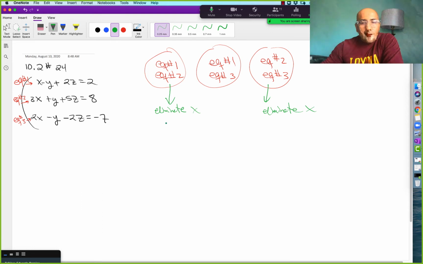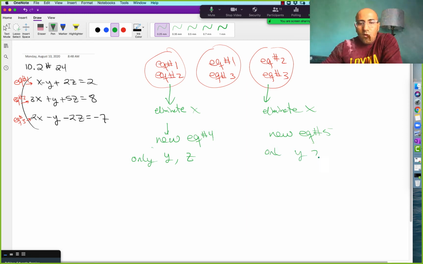If we do that, we'll get a new equation that doesn't have any x's in it, right, from these two. And then the new equation, call it number 4, will only have y's and z's. And same thing over here, if I take these two equations and eliminate the x, I'll have a new equation, I'll call it number 5, that only has y's and z's.